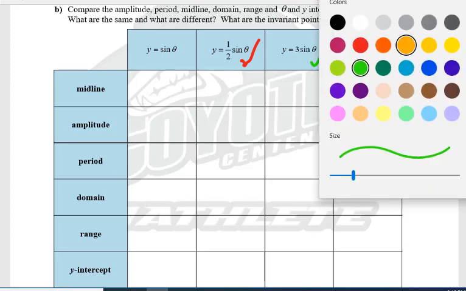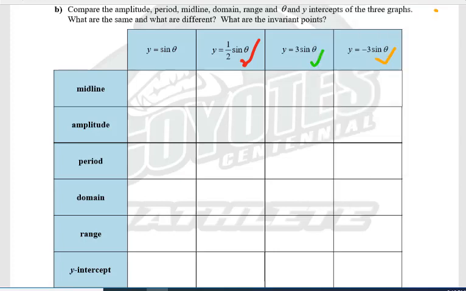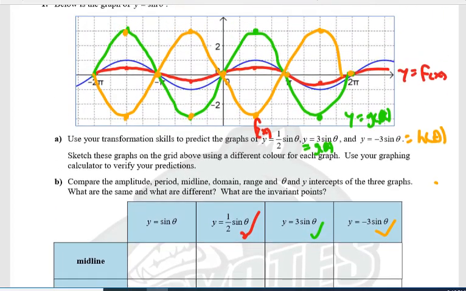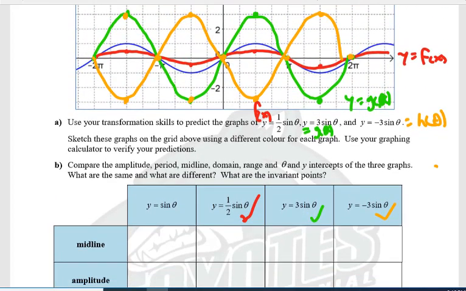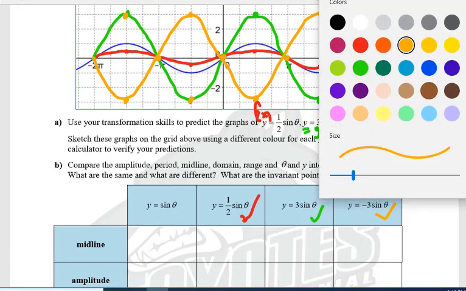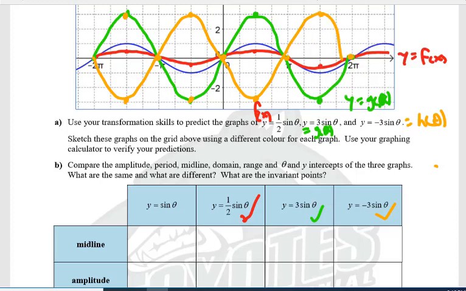I used orange. Okay. Now, when we talk about the midline with this, we're talking about this line that's not on the graph, but we should graph it, and it ends up being a very important part of this graph. So I'm going to draw this in light blue. The midline is the middle height of the line, and it ends up being this horizontal line.